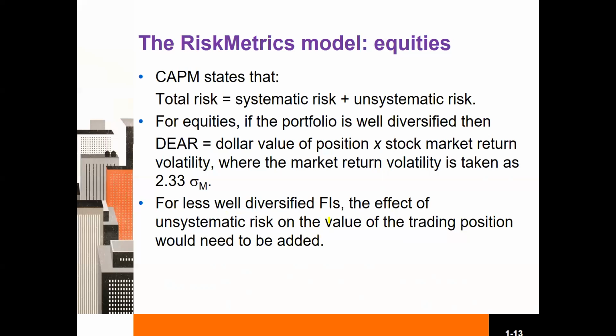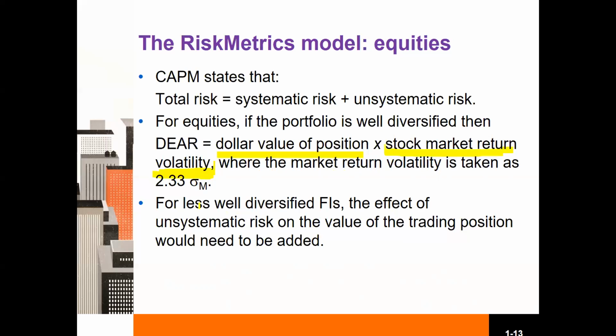And the standard deviation of the portfolio will be equal to the standard deviation of the stock market index. So to calculate DR for the equity portfolio, we first calculate the dollar value of the position and then the stock market return volatility. Now, why are we talking about stock market return volatility instead of the volatility of the portfolio? We are assuming that the portfolio is well diversified, and that's why the volatility of the portfolio will be similar to the volatility of the market portfolio.